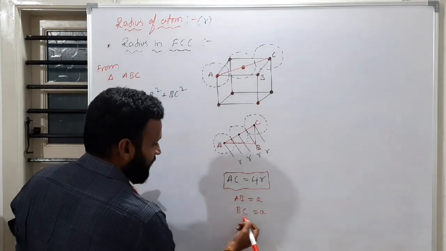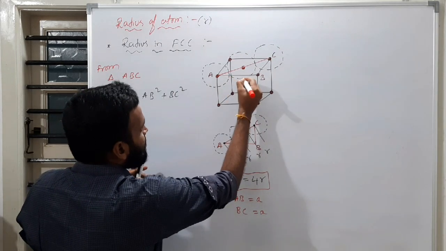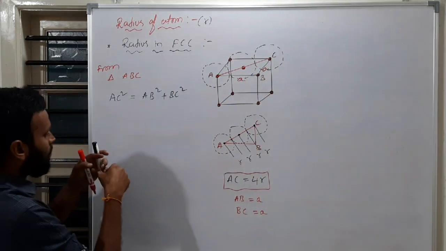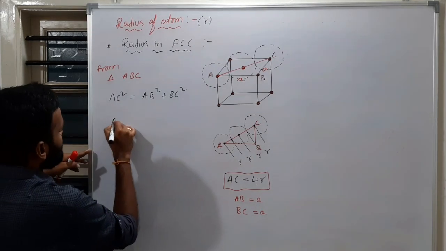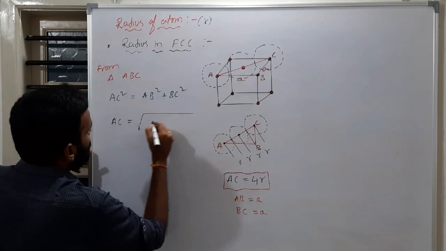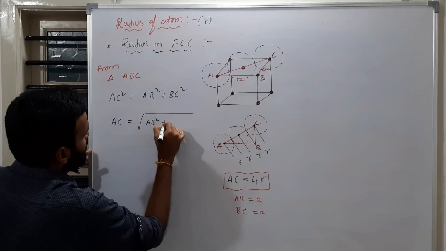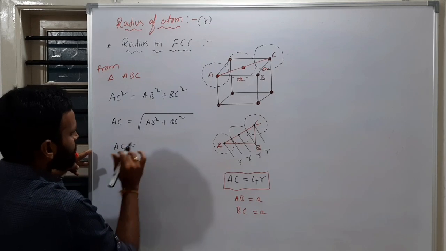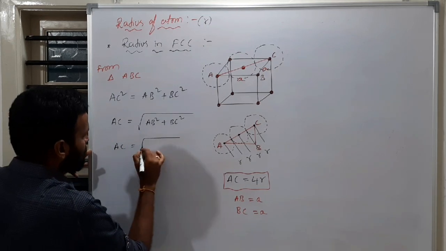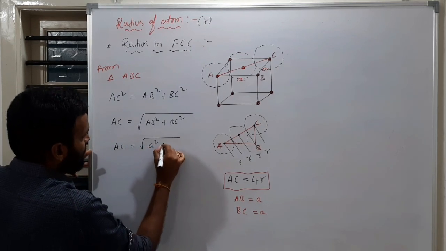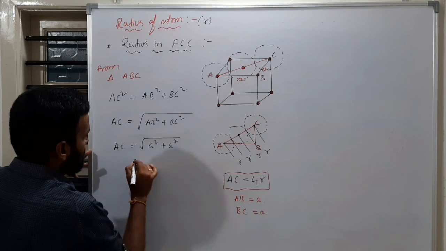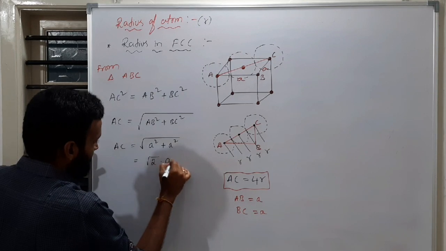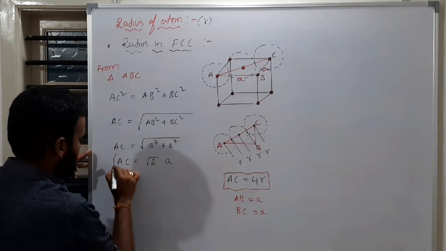So AB is equal to A, and BC is also A. Therefore, AC is equal to root of AB square plus BC square, so AC is equal to root of A square plus A square. So root 2 into A, that is AC.